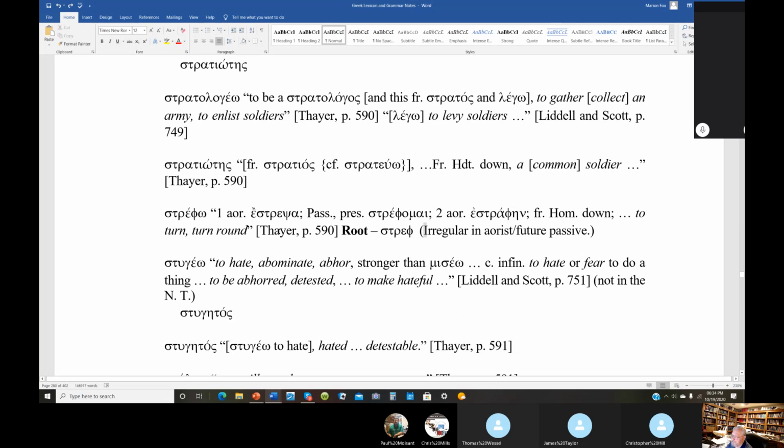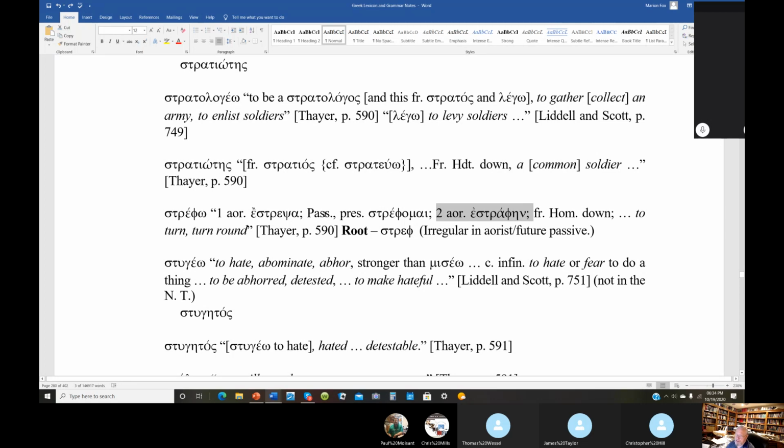The only thing you don't have that I've added to the file I sent you today is what I've highlighted. What this tells me is that it has a first aorist active in the New Testament, a middle passive present in the New Testament, and a second aorist passive in the New Testament.